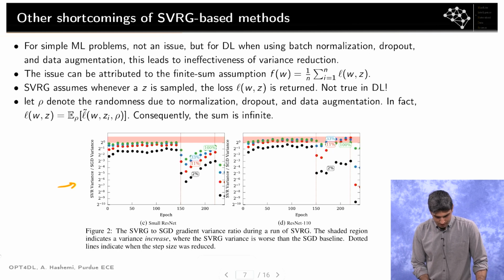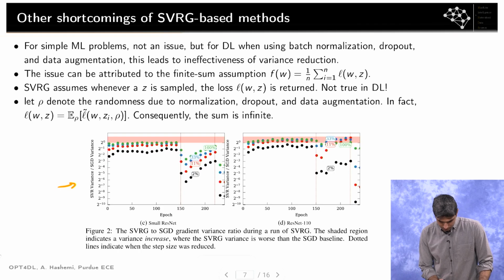What these plots show is that for different models, let's consider a small ResNet and a very large ResNet, the larger the model is, the higher the likelihood of losing the variance reduction property.